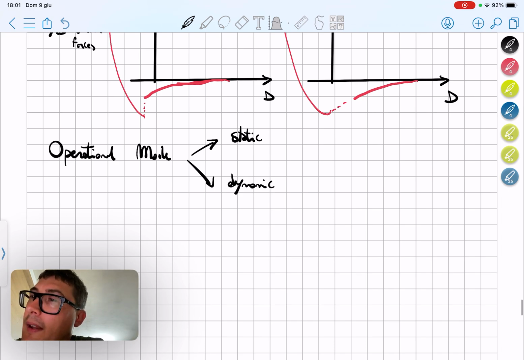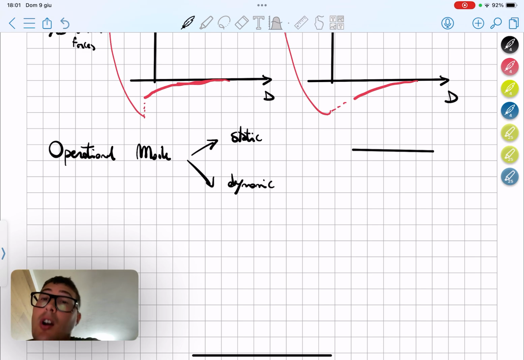let's sketch it. Okay, even in this case, we have a constant force mode or a constant distance mode.